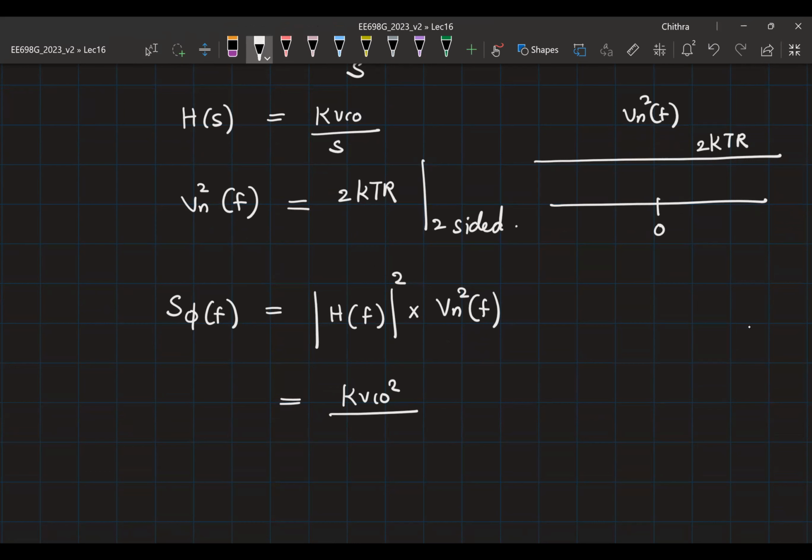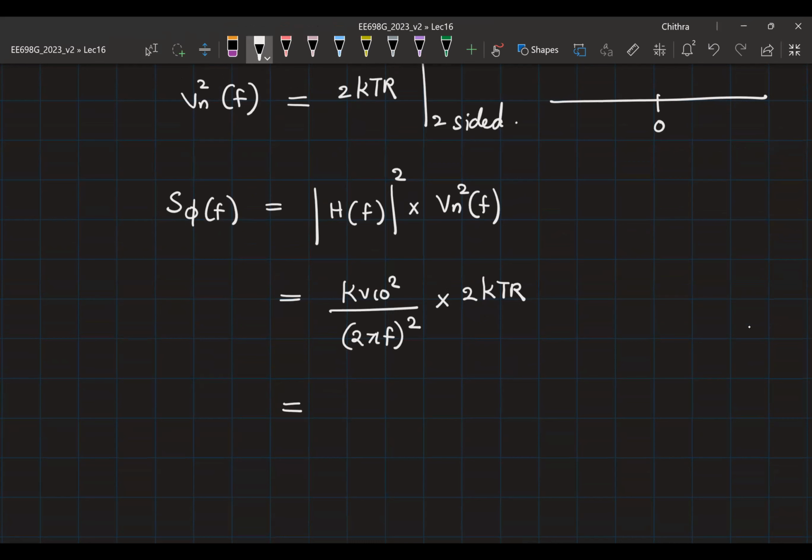Convert that into f: omega is equal to 2 pi f, the whole square. So this times Vn square of f, which is 2 kTr. So this is equal to KVCO square by 2 pi square, times kTr, times 1 by f square.